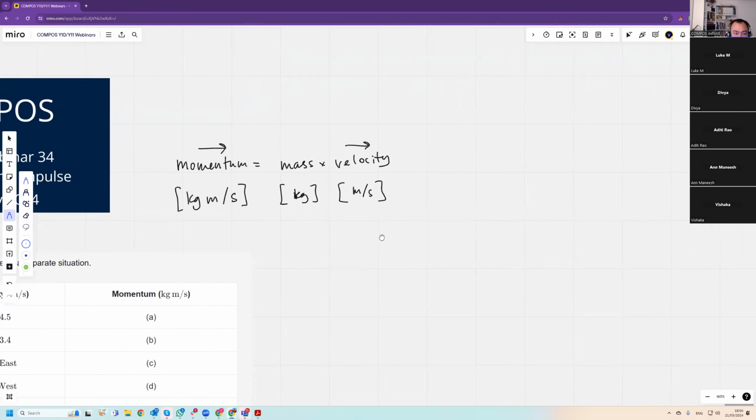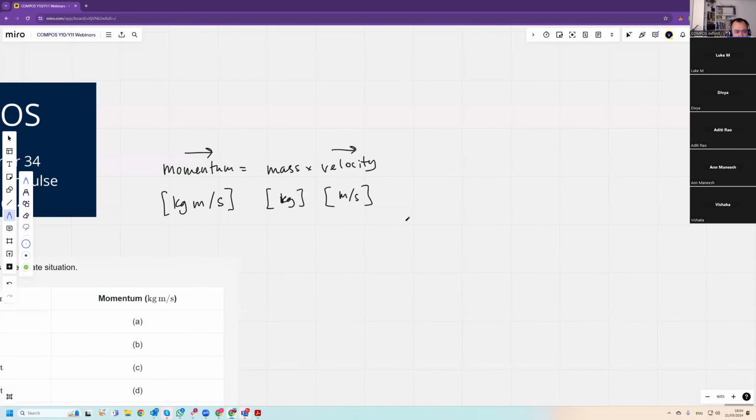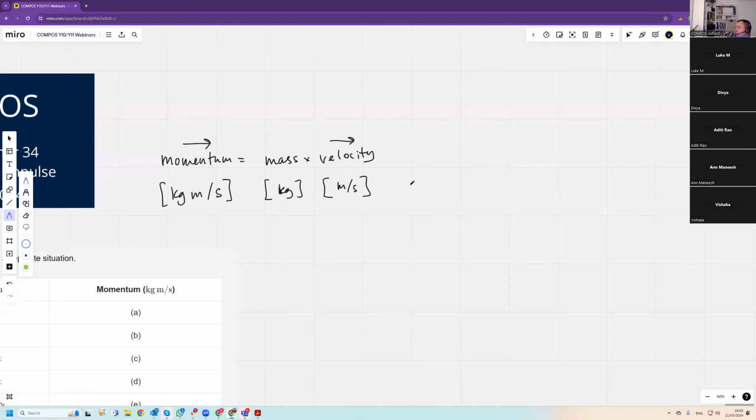So it's pretty straightforward, like the definition. What is momentum? Momentum is also known as the amount of motion, because talking about speed is not enough. You want to also know how much mass is moving.